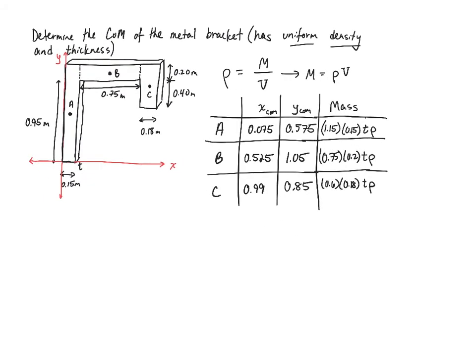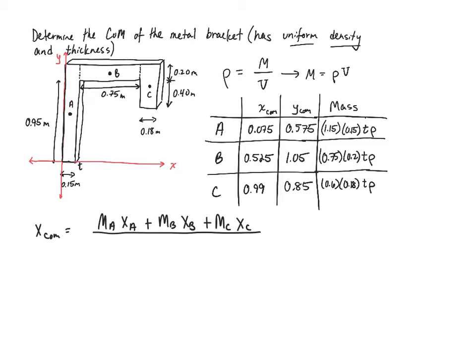We want to think about the formula for the center of mass in the x and the y direction. So let's start with the x center of mass formula. For this, we want to take our mass of each individual item times its center of mass. So the mass of object A times the center of mass of object A, plus the mass of object B times the center of mass of object B, plus the mass of object C times the center of mass, all over the total mass.